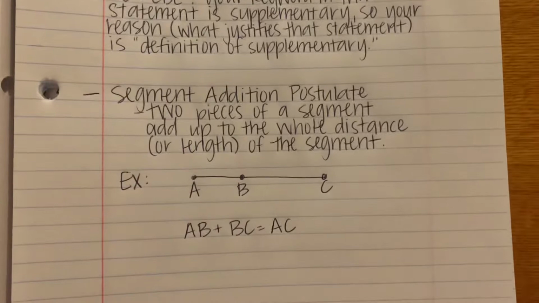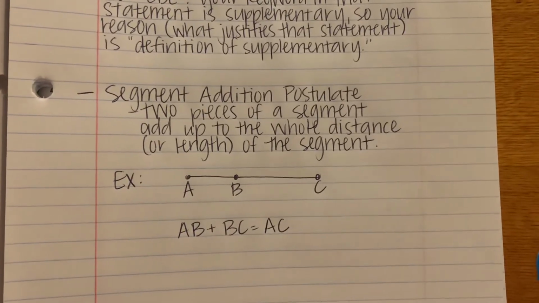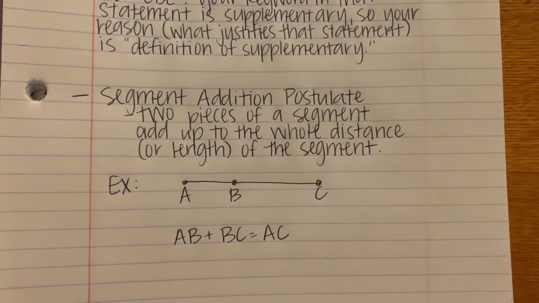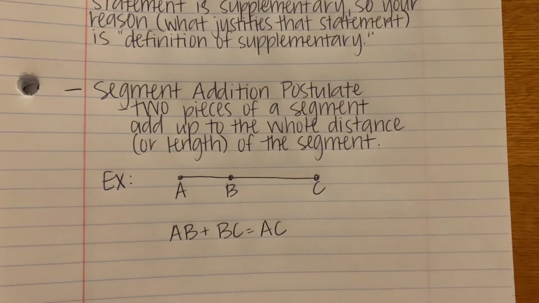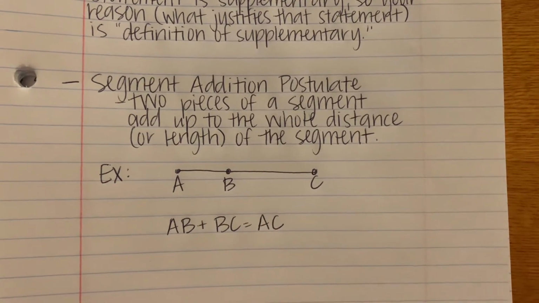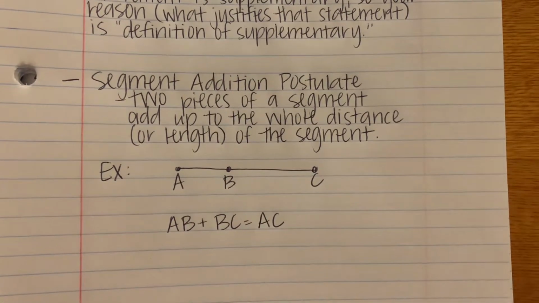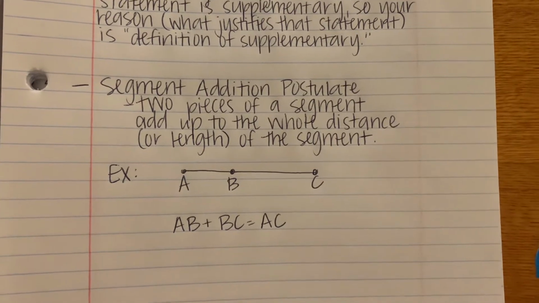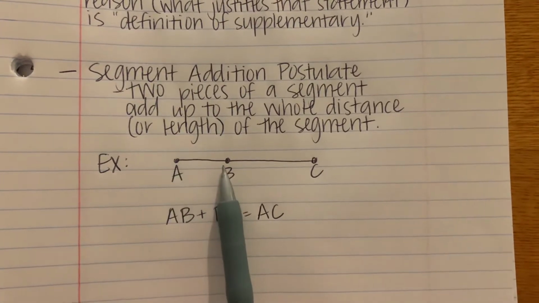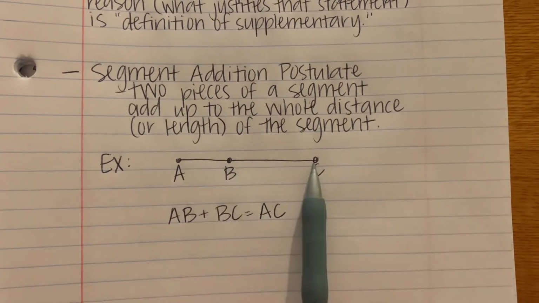The other thing that you see in this section is segment addition postulate. You also have angle addition postulate, same thing, but with angles. For segment addition, it's just 2 pieces of a segment that add up to get that whole distance. So if I'm looking at this problem, I have AB and I have BC.